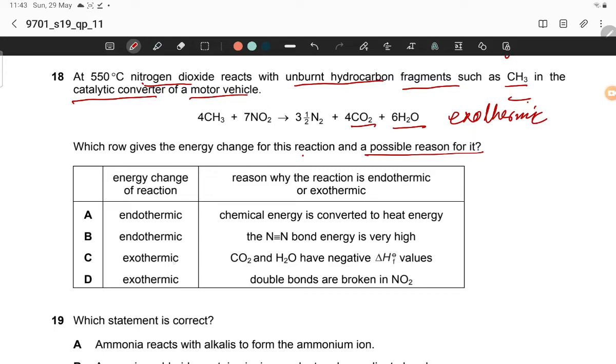The reaction is exothermic and the reason given is double bonds are broken in NO2.